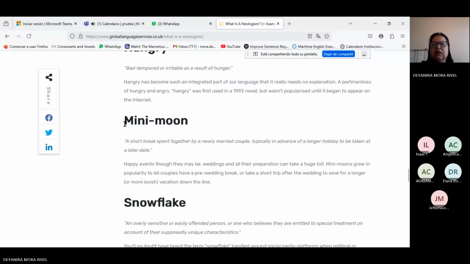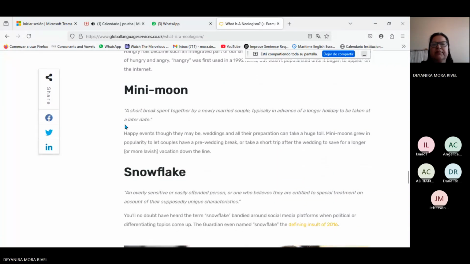Maybe for a happy event, like a pre-wedding. This was more popular when a couple is going to get married and they have a lot of things to do, so they take a short vacation before the wedding. That is the idea.